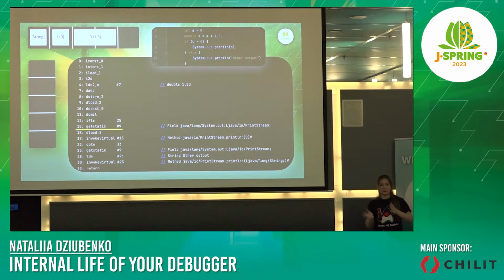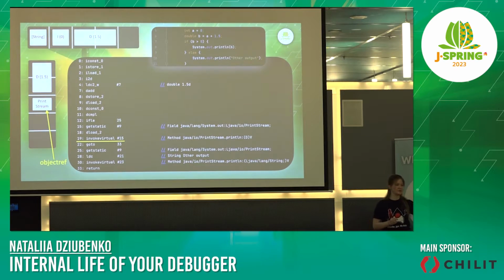GetStatic is meant for loading some value from the static field onto the stack. So there is again a reference number 9 that specifies that this is a field called out, and it's located in the System class, and it has the PrintStream type. So we will load this value that is described in the constant pool. We'll load again our double value on top, and we will run invokevirtual.